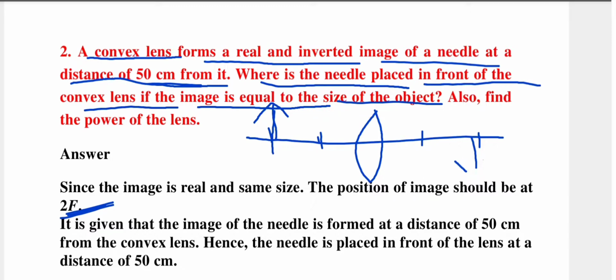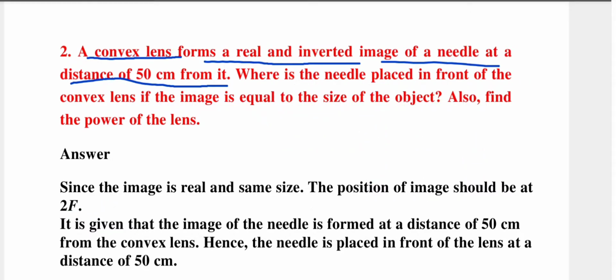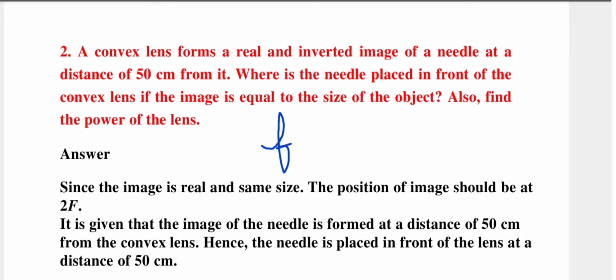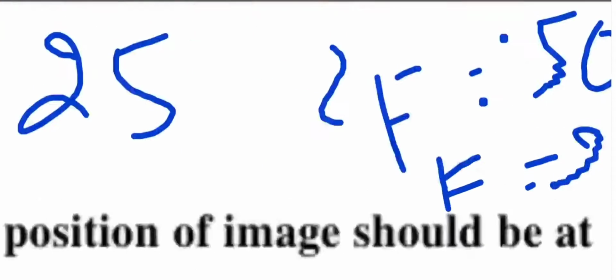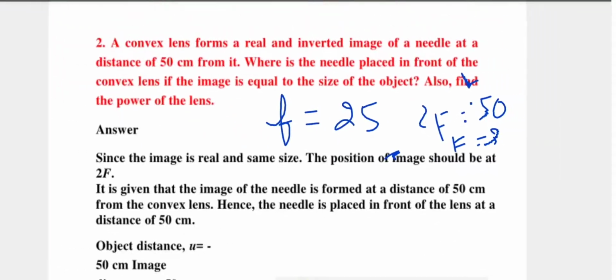When you place the object at 2f, you get the image at 2f, the size of the image is the same as the object, and image distance equals object distance. I will add one more question: what is the focal length? It is 25, because 2f is 50, so f is 50 by 2, that is 25.